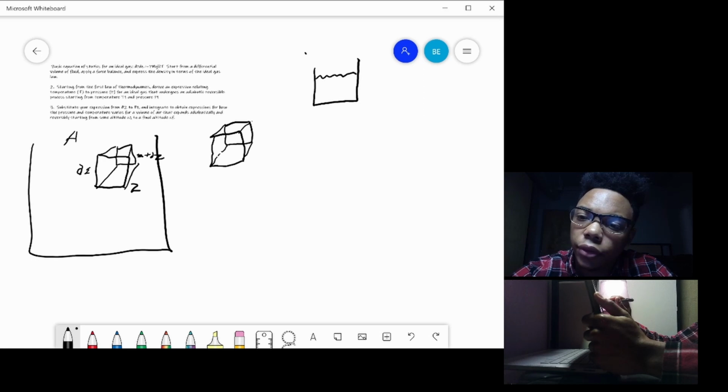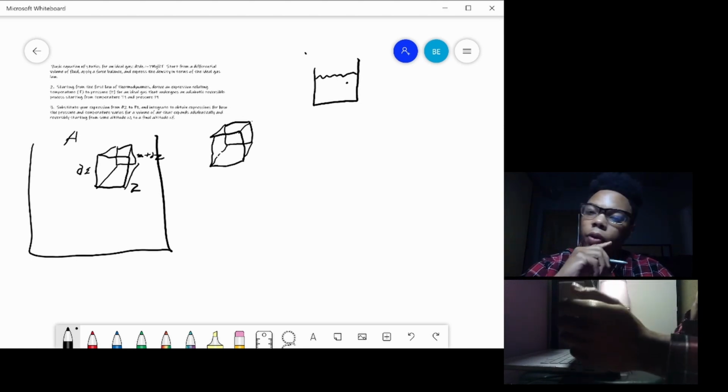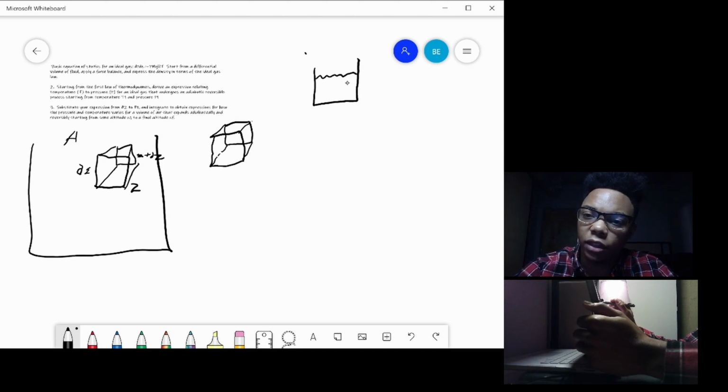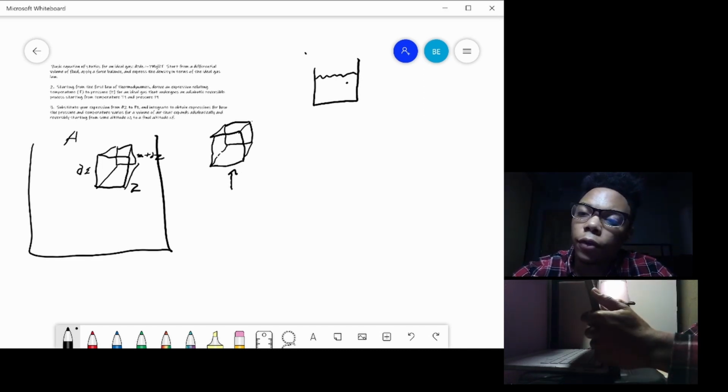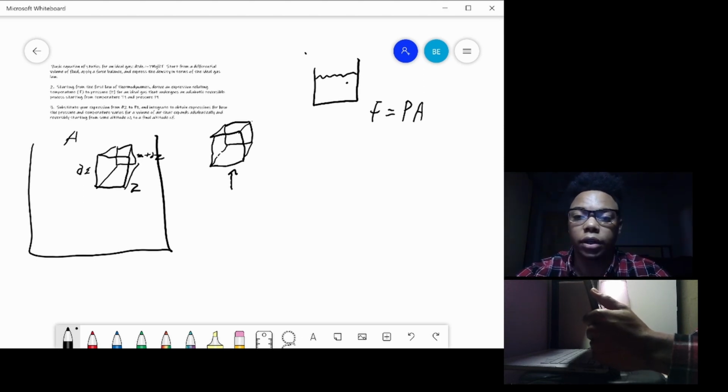So let's say we have a fluid in a jar, and we're looking at this individual point right there. And this point right here is going to be our entire system, if you will. And at this individual dot, we're going to have a force up from, so let's start off by saying that force can be measured by our pressure multiplied by the cross-sectional area. So force equals pressure times our cross-sectional area A.